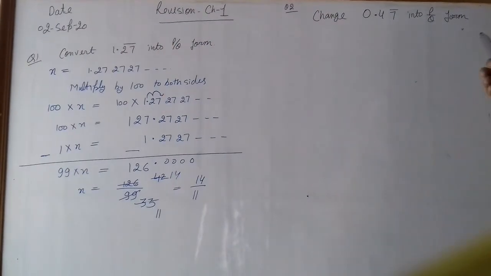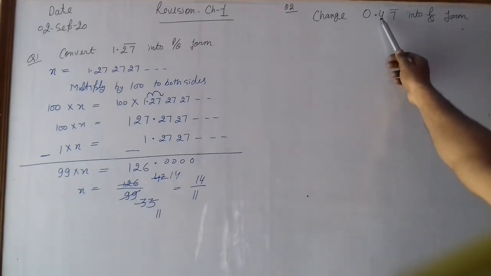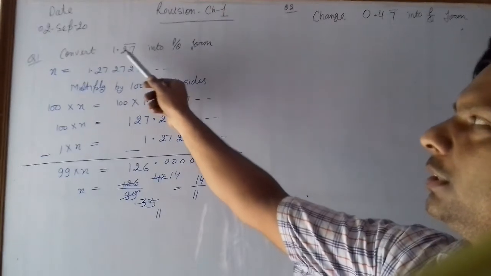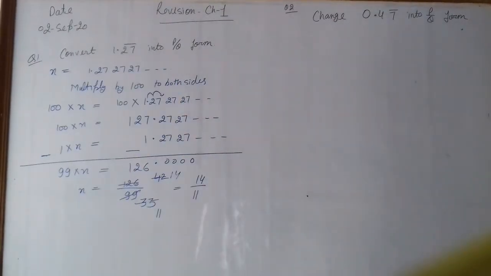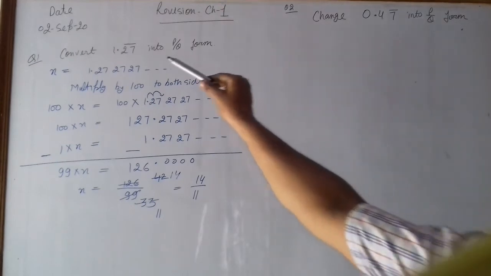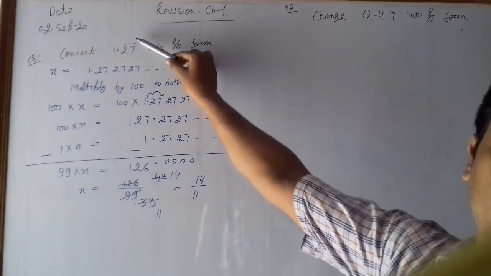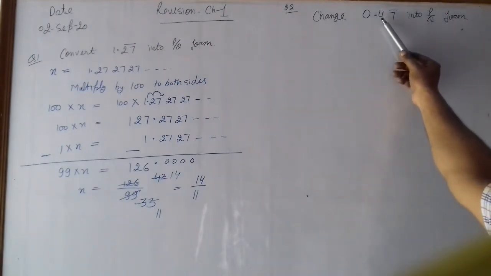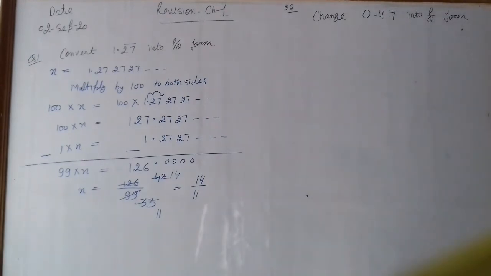See, here in 0.47 bar, as you are seeing, there are two digits just after the decimal. Here also two digits just after the decimal. Clear? But there, both the digits were repeating. But here, 4 is not repeating, only 7 is repeating.